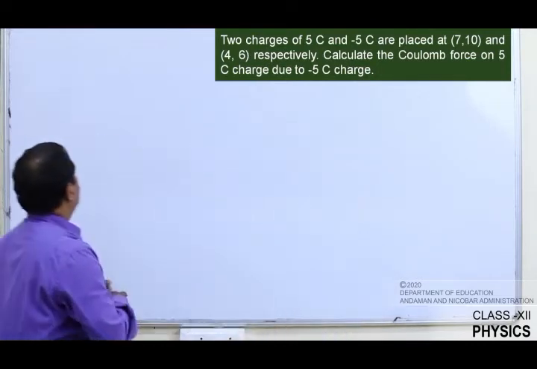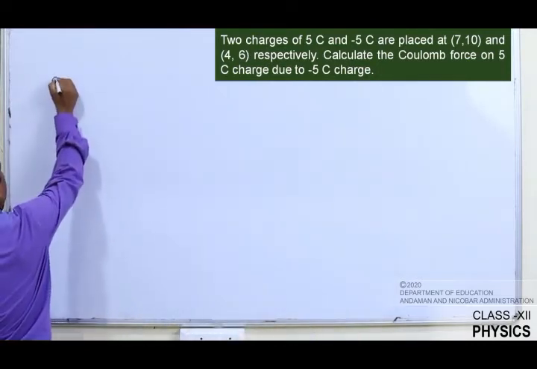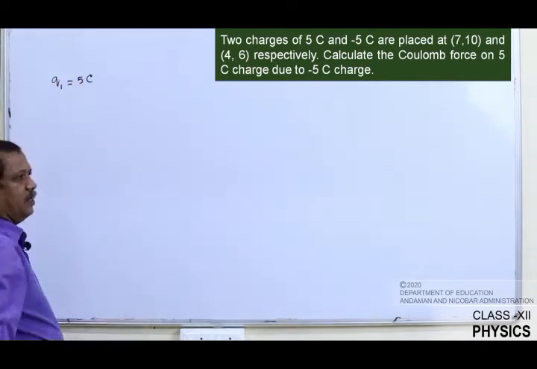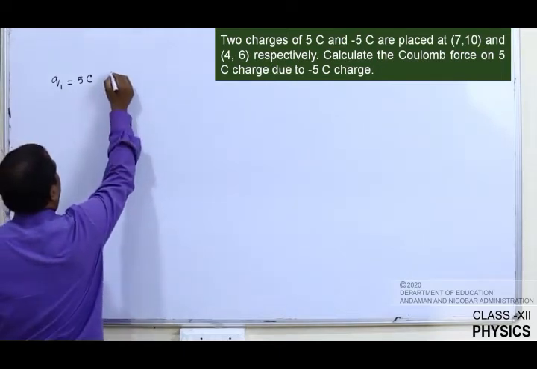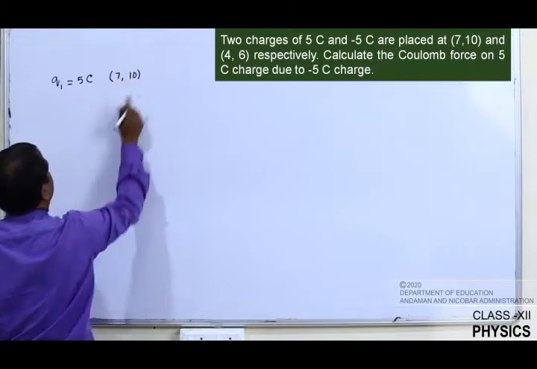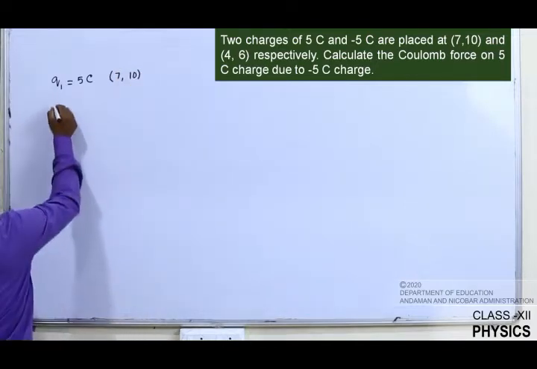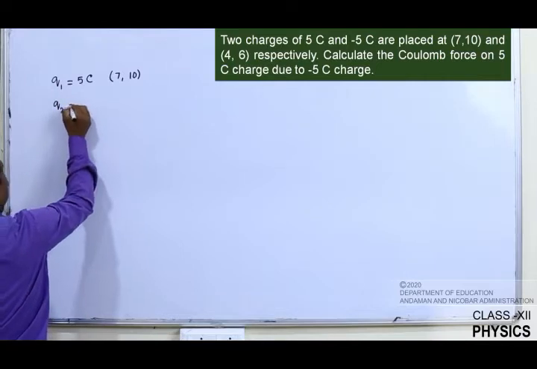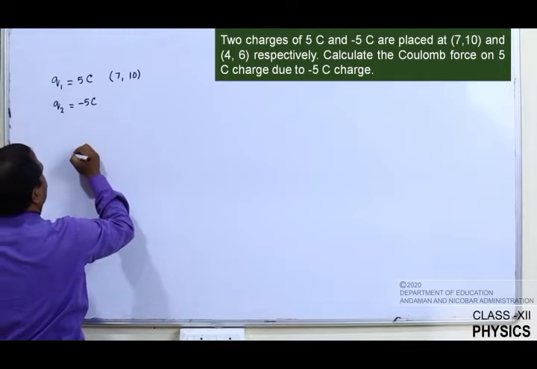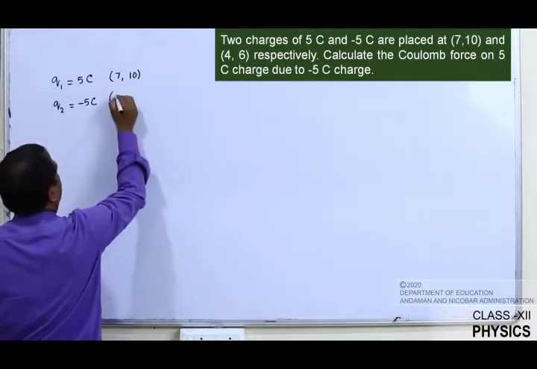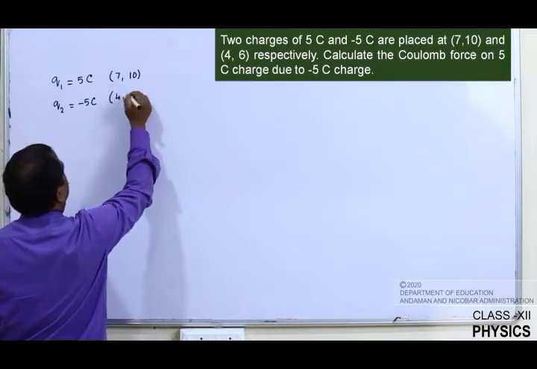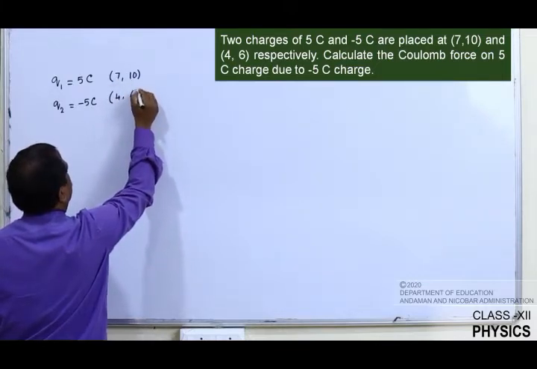So let me suppose that I have a charge Q1 of magnitude 5 coulomb, which is very, very large, and let me assume that I have placed this one at position 7, 10, say, and the other charge Q2 of minus 5 microcoulomb I have placed at say 4, 3, 9, 4, say 6.